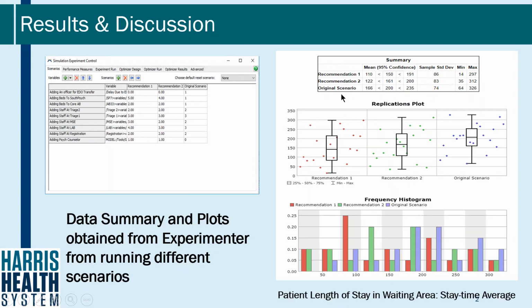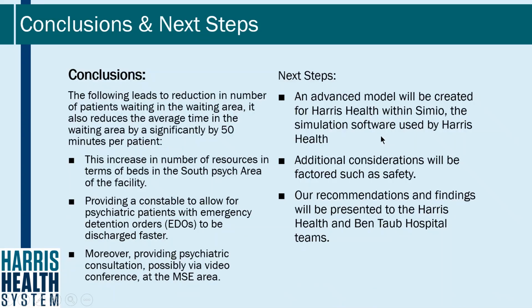In the original scenario, before implementing the recommendation, it was 200 minutes at 95% confidence, and after applying our recommendation, like adding beds to core AB and south side, the time reduced to 150. So the conclusion is that there is a reduction in the number of patients waiting in the waiting area. It also reduces the average time in the waiting area significantly, by 50 minutes per patient.